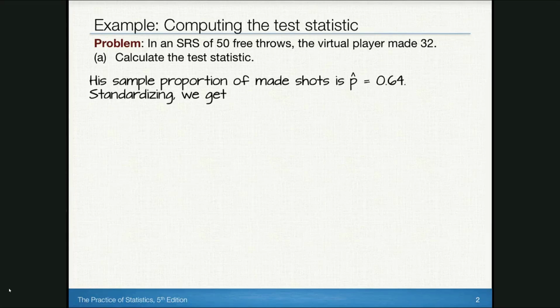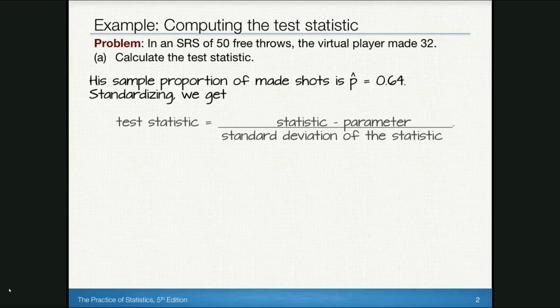The first thing we need to do is find the sample proportion. In this case, 32 out of 50 works out to a value of p hat equals 0.64. Now to standardize this, we need to take that statistic value minus the parameter and divide by the standard deviation of the statistic. Recall the claim was that he would make 80% of the free throws, so the parameter in this case is 0.80.